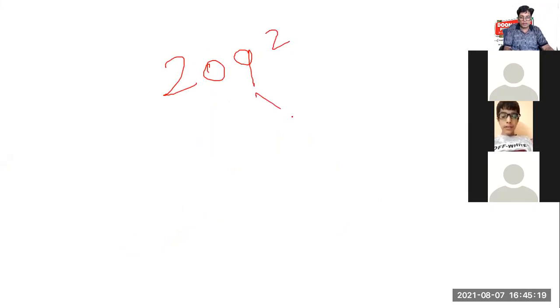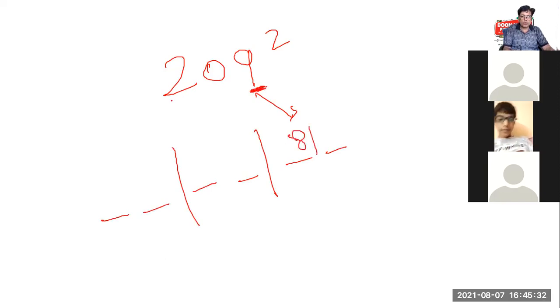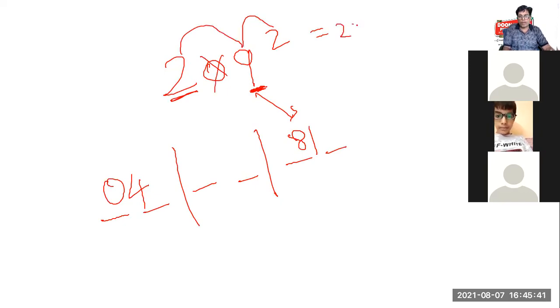One more I am taking. 209 square. This will be of 2 digits. Middle will be of 2 digits. And this will be of 2 digits. Now, 9 square is what? 81. 2 square is what? 0, 4. I will leave 0. 2 into 9 into 2.